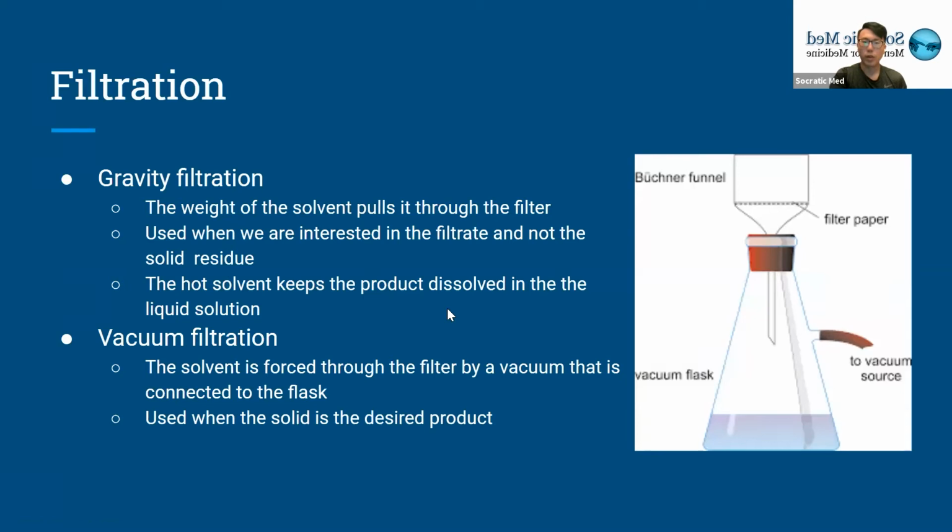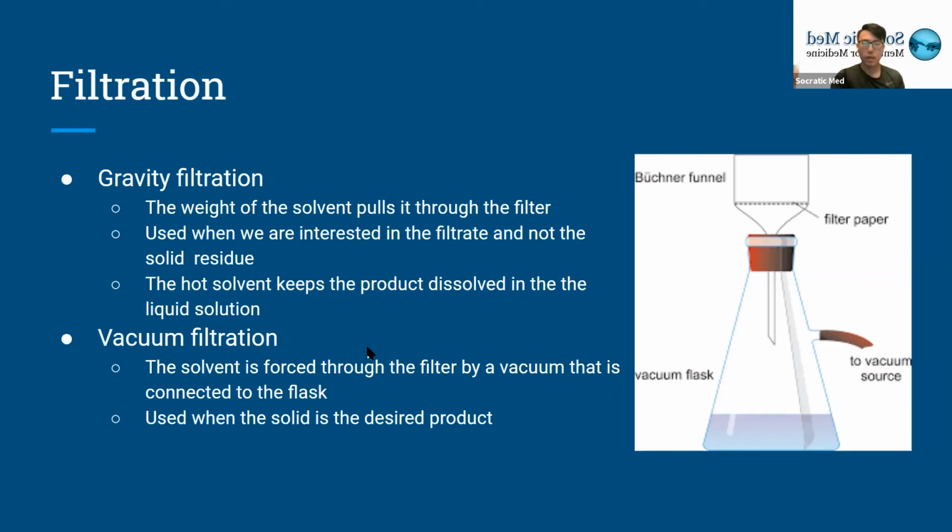Usually you want the solvent hot in order to keep the product that is dissolved in the liquid solution to remain in solution and not get stuck on the paper filter. This is the most basic way to filter between liquids and solids.